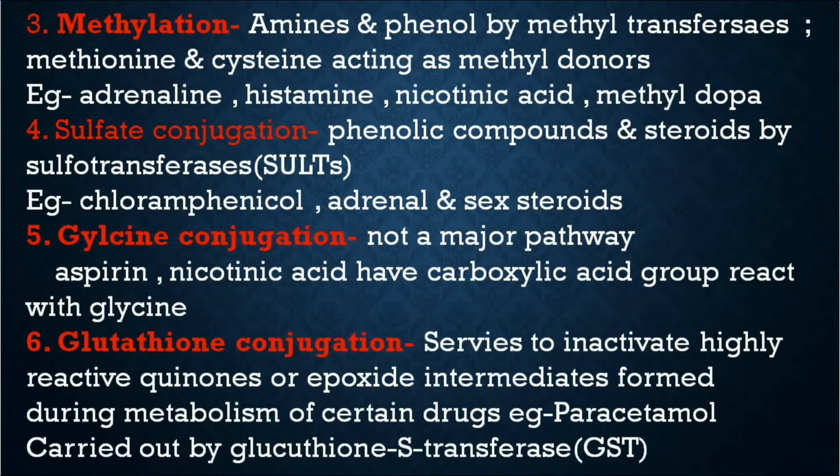Glutathione conjugation serves to inactivate highly reactive quinone or epoxide intermediates. Example: paracetamol, carried out by glutathione transferases.